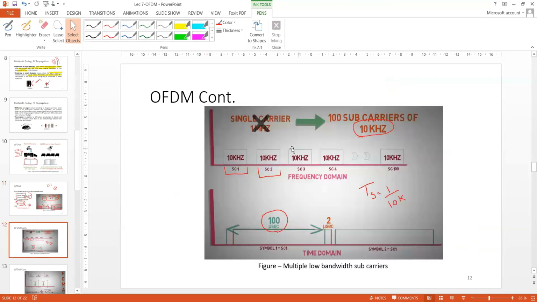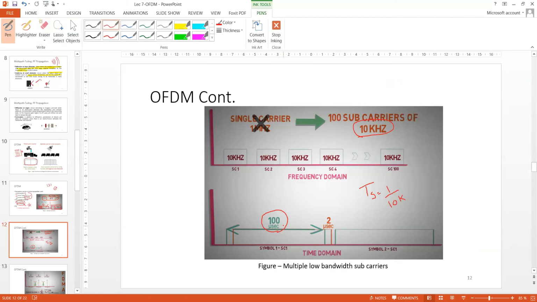Now we have reduced the bandwidth of the channel to 10 kilohertz, so the symbol duration you are getting is 100 microseconds.